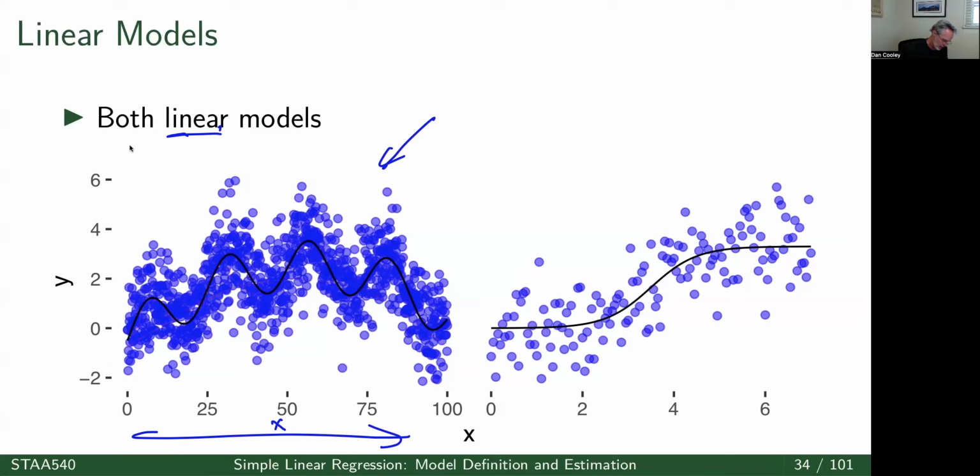And so what we're saying is that the expected value of y given x is equal to a beta naught term, a beta 1 term times x, and a beta 2 term times x squared.